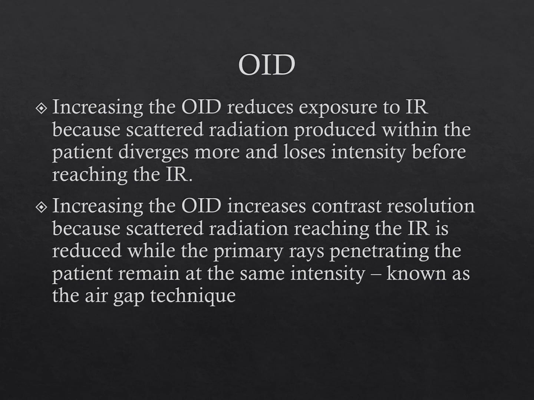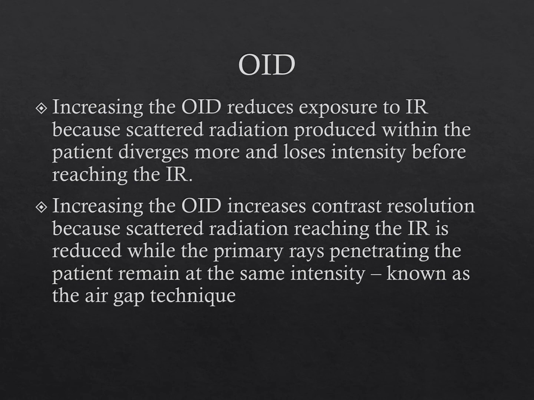If I had had my patient right in contact with my image receptor, some of those crazy angles would still have been recorded because I didn't have a great distance for them to travel before they're recorded. So when I increase that OID, I have a good chance that some of those crazy angled photons, because I'm giving them an additional distance to travel, may travel off and miss my IR altogether.